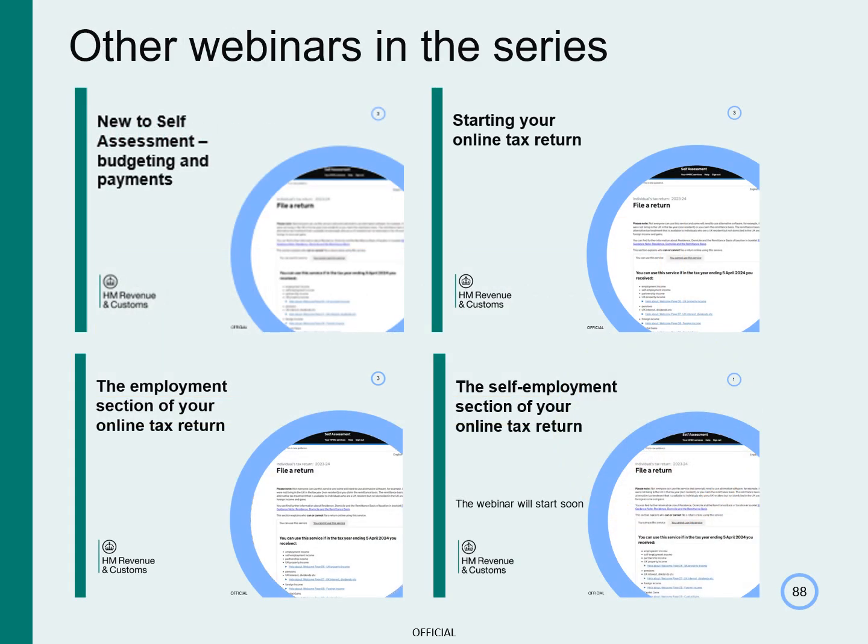I'll just remind you about our other webinars in the series. They are New to Self-Assessment, Budgeting and Payments, Starting Your Online Tax Return, the Employment section of your online tax return, and the Self-Employment section of your online tax return.